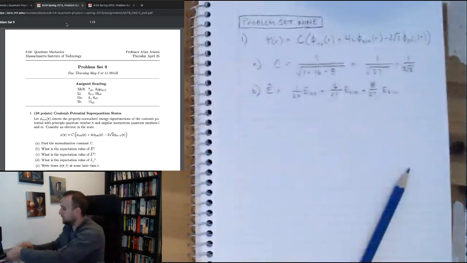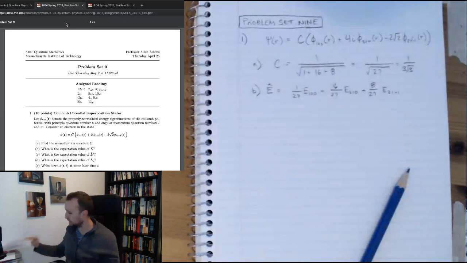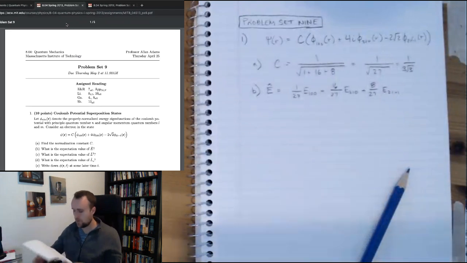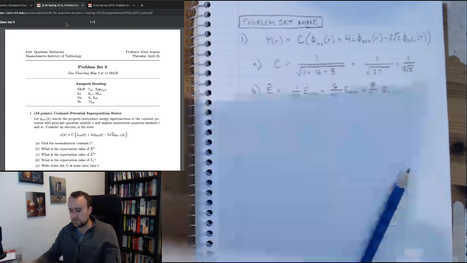Let's open up our clue. What do we have?